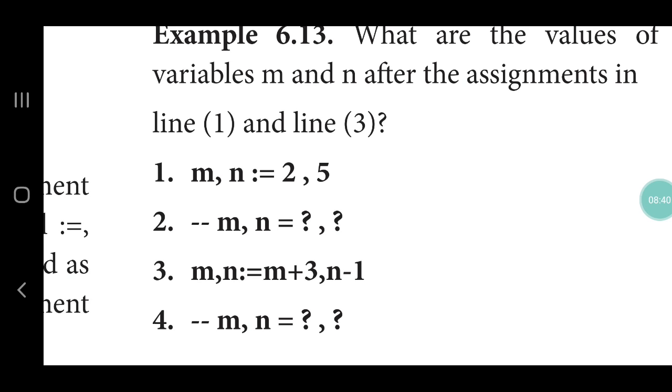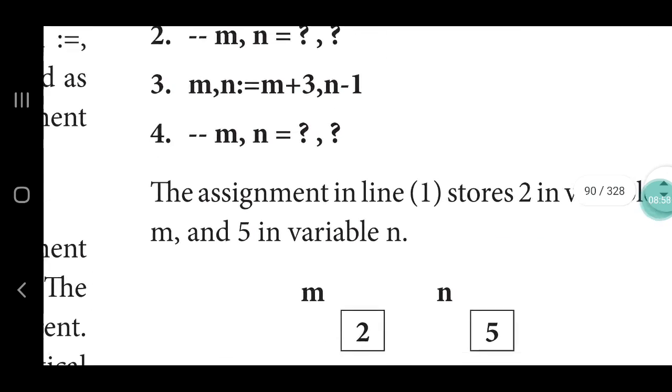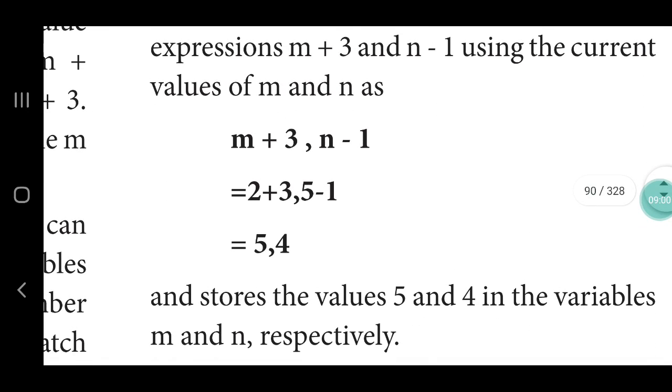The expression for m is m plus 3 and the expression for n is n minus 1. Now what will be the values of m and n? m plus 3, we already know m is 2, so 2 plus 3 is 5. And n is 5, minus 1, so 5 minus 1 is 4. So the output for this example is 5 and 4.